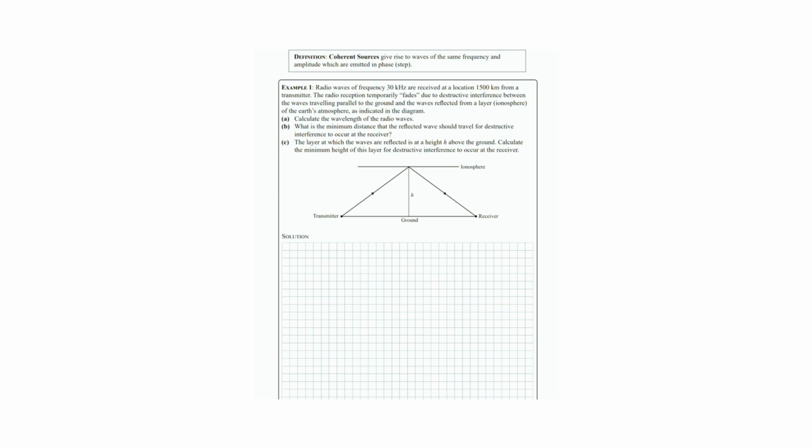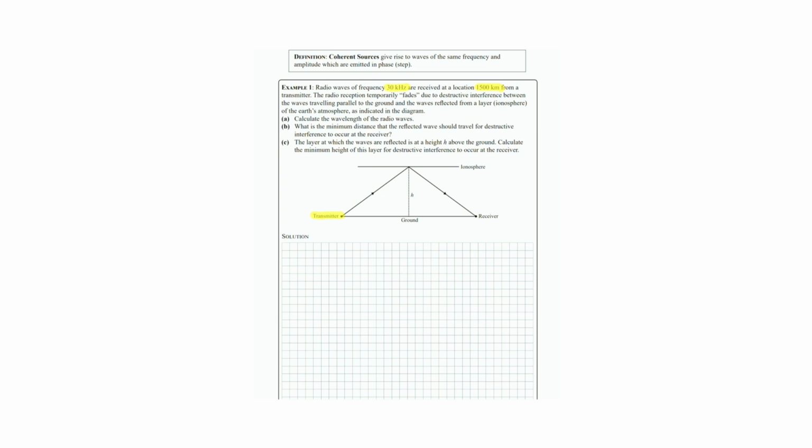Let's have a look at example 1. This is actually a very interesting example. We've got radio waves of frequency 30 kilohertz. See that kilo, that's a prefix. They are received at a location 1,500 kilometers from a transmitter. So here's my transmitter.